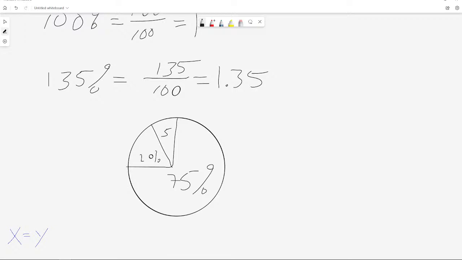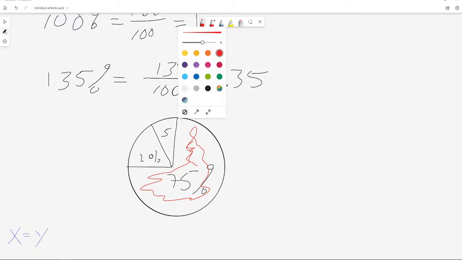And then over here, these might be colored in different colors. So like this might be all colored in red. This might be colored in purple.